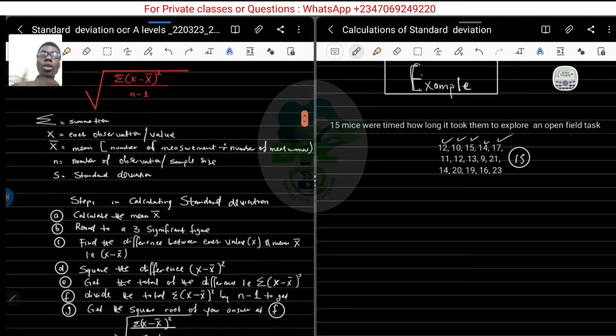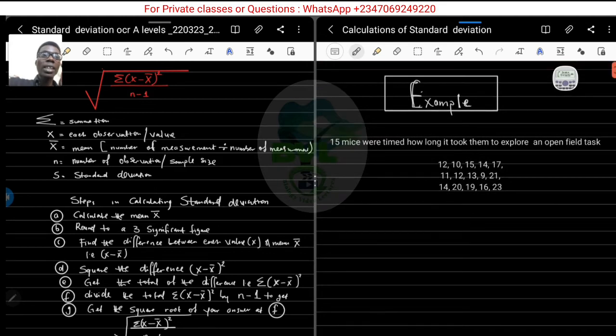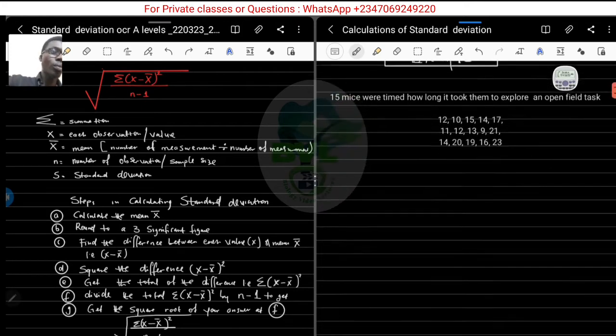Now, there are steps you need to remember when calculating standard deviation. The first step is to calculate the mean. I'm going to execute these whole steps by using this example on this side here. You might want to try this out yourself also. So let me write step 1. It says 15 mice were timed on how long it took to explore an open field task.